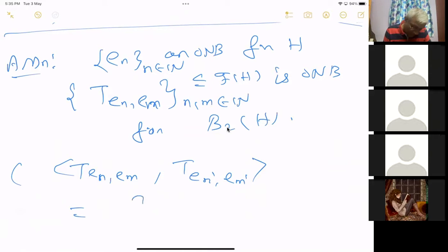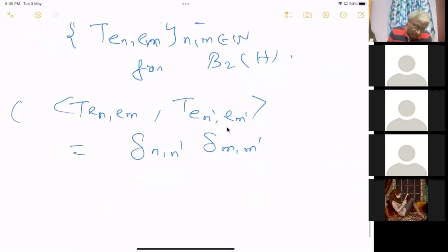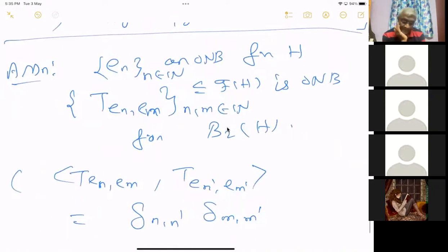This will be exactly equal to delta of n' and delta of m'. So this will prove that this is an orthonormal set, and you have to prove that it is an orthonormal basis.